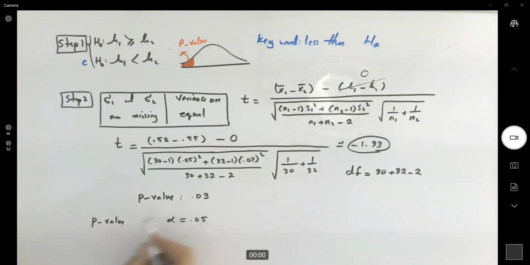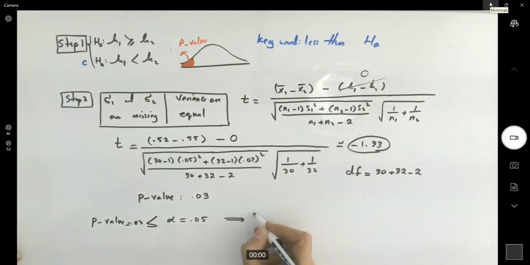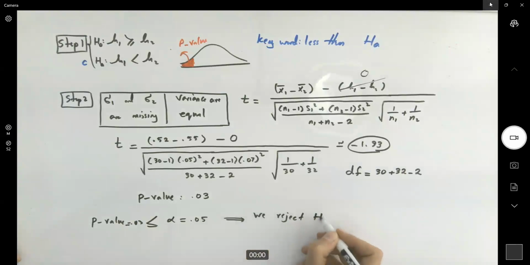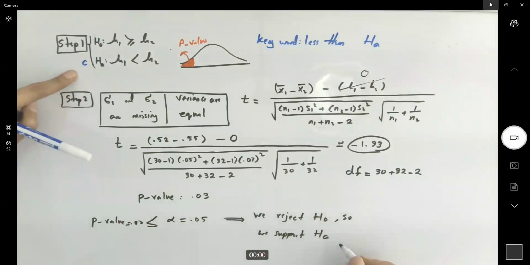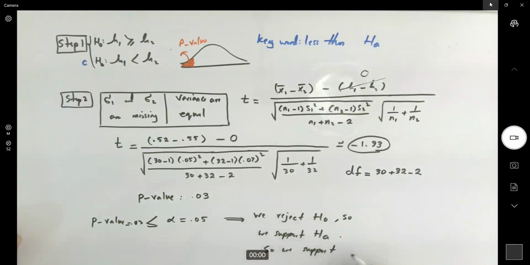Our p-value is 3%, so it's less than or equal to 5%. Since our p-value is less than or equal to 5%, it means that you reject the null hypothesis. Since we are rejecting the null hypothesis, we are supporting the alternative hypothesis, which in this case is the claim. Support the claim.